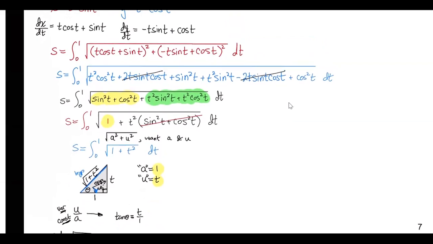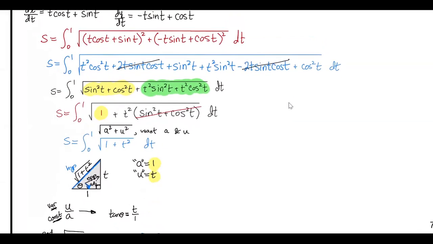So I'll carry on the process up here. We'll have t equals tangent of theta. And then dt, well, dt d theta, I'll show the intermediate stuff. dt d theta is equal to secant squared theta d theta. Oh, it won't be d theta yet.